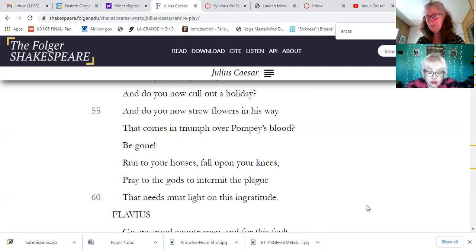And you can see that they mention Pompey, right? So Pompey was another senator, who was vying with Caesar for control over the Senate. And Caesar defeated Pompey's children, which is partly what pissed Flavius and Marcellus off, right?